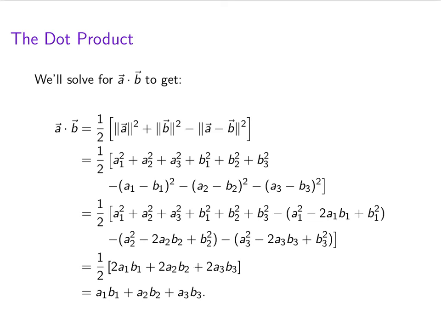So this is a really nice expression for the dot product of A and B when we know the components. We started by defining the dot product in terms of the lengths of the vectors and the angle between them. Now, if we have vectors in component form, we can easily compute a dot product without knowing anything about the lengths and without knowing the angle between them. So this is a very nice expression.